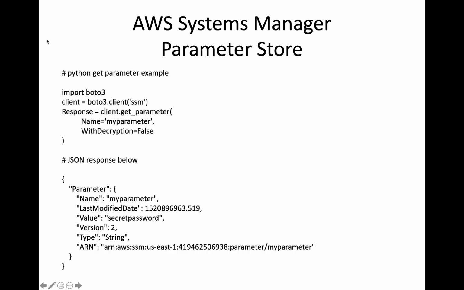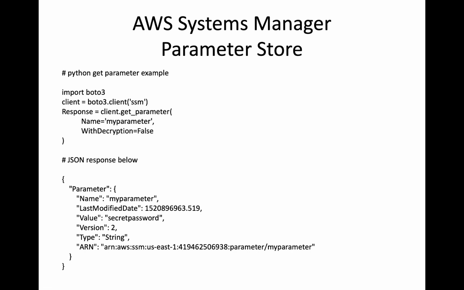And how would you use it? Here's a simple Python code example where we have some data that we are storing in a parameter, and we want to retrieve that data. We're using the Boto 3 library, which is the AWS SDK for Python, and we are getting a parameter called myParameter.